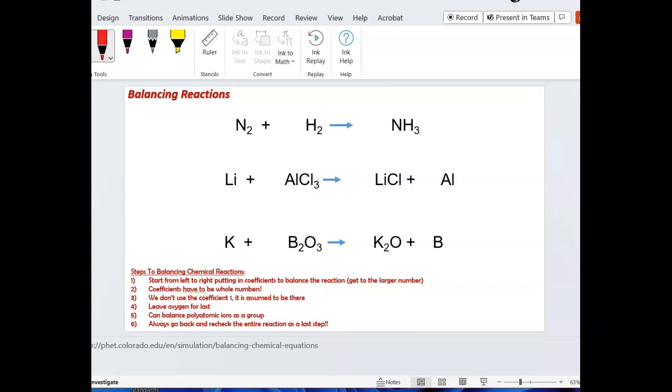You could pause the recording here if you'd like to give these a try. And here's the answers. And so up through this point, this would be considered basic balancing. So straightforward reactions, we didn't have to do anything crazy there in order to balance these. So the next half here would be more complex balancing.